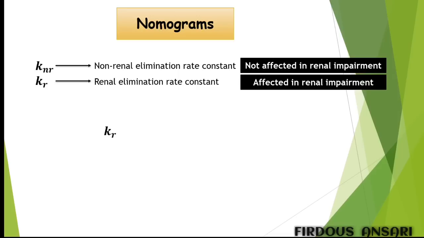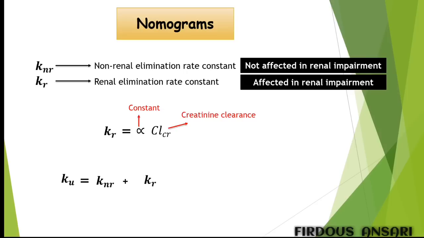Next, this KR, that is renal elimination rate constant in a uremic patient, is directly proportional to the product of a constant and creatinine clearance. Alpha is a constant, multiplied by creatinine clearance. Next, Ku, that is the elimination rate constant in a uremic patient, is the sum of the non-renal elimination rate constant and renal elimination rate constant.